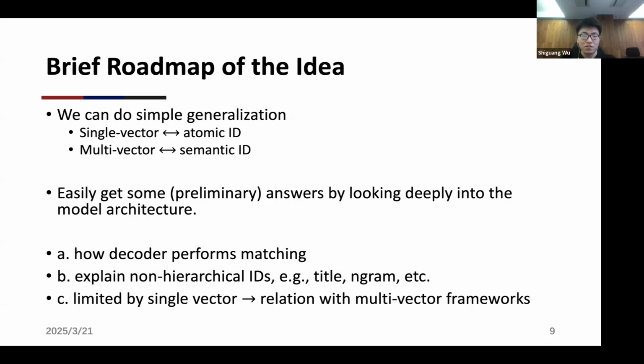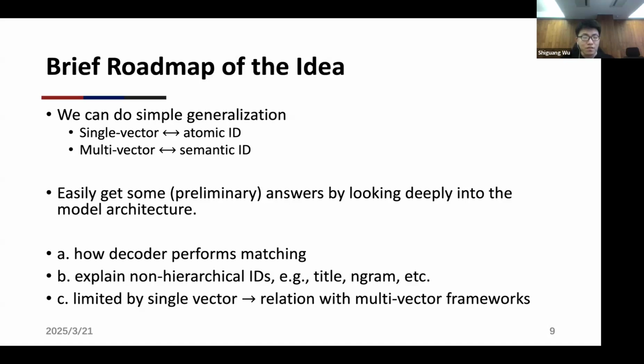This is the very original idea of our paper. But they're comparing single vector models, and they're comparing the atomic ID. So what about the semantic ID? There's a simple generalization: we can use the multi-vector model, which is another very popular and strong model used today in industry.